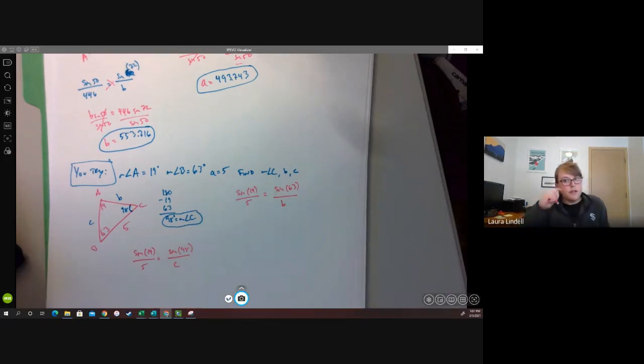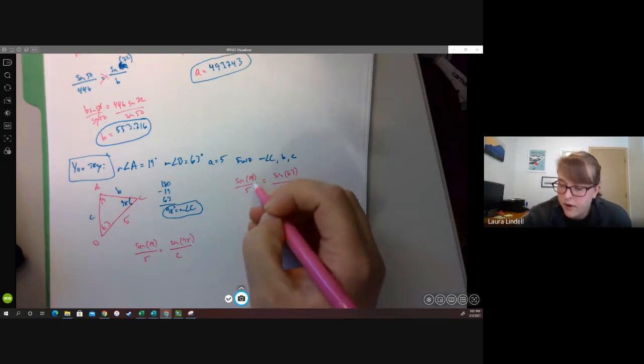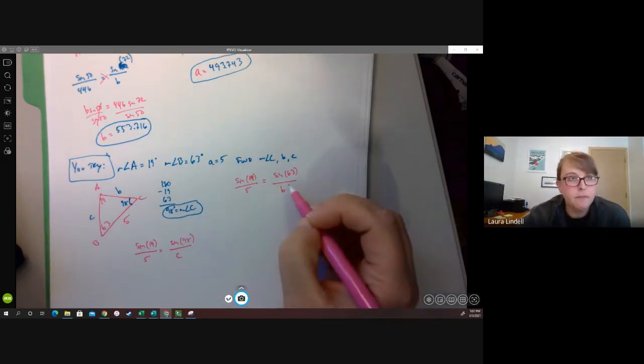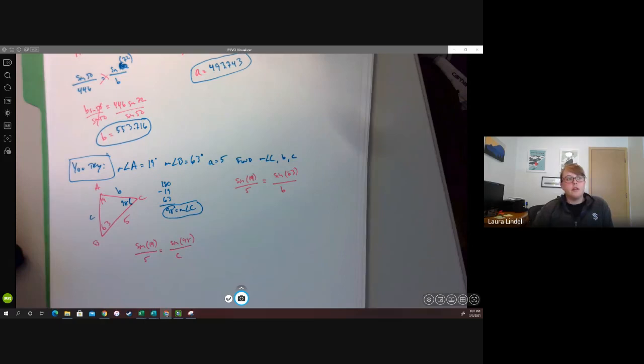And then the two equations that you want to set up should look like sine of 19 over 5 equals sine of 63 over B. And then sine of 19 over 5 equals sine of 98 over C. So if you set those equations up, then you're looking good.